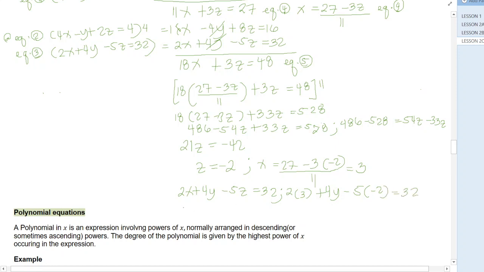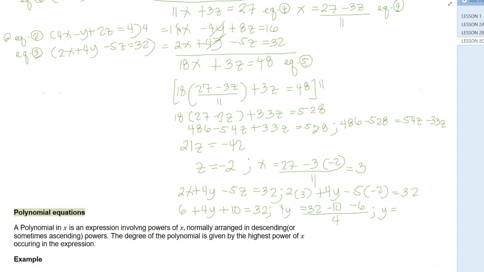So that will become 6 plus 4y plus 10 is equal to 32. Now 4y is equal to 32 minus 10 minus 6, divided by 4. So for the value of y, 32 minus 10 minus 6 divided by 4 is equal to 4.